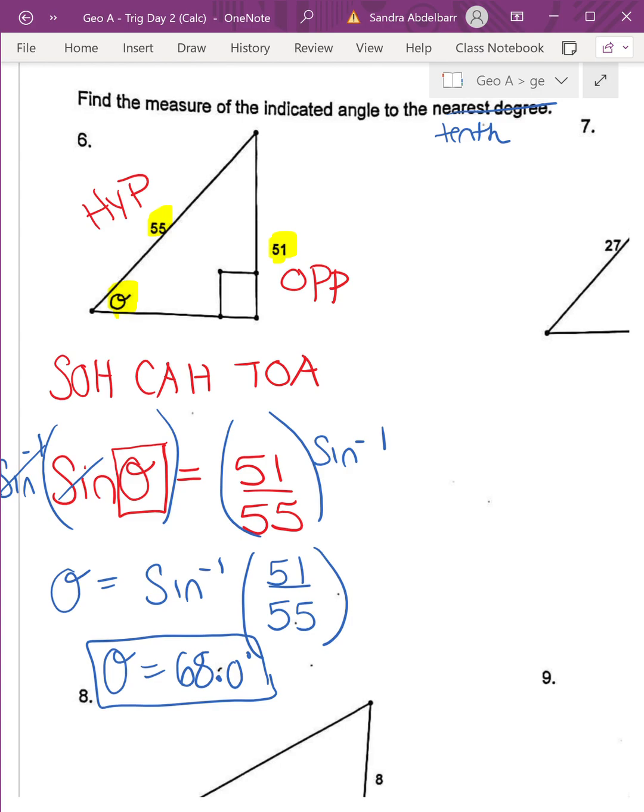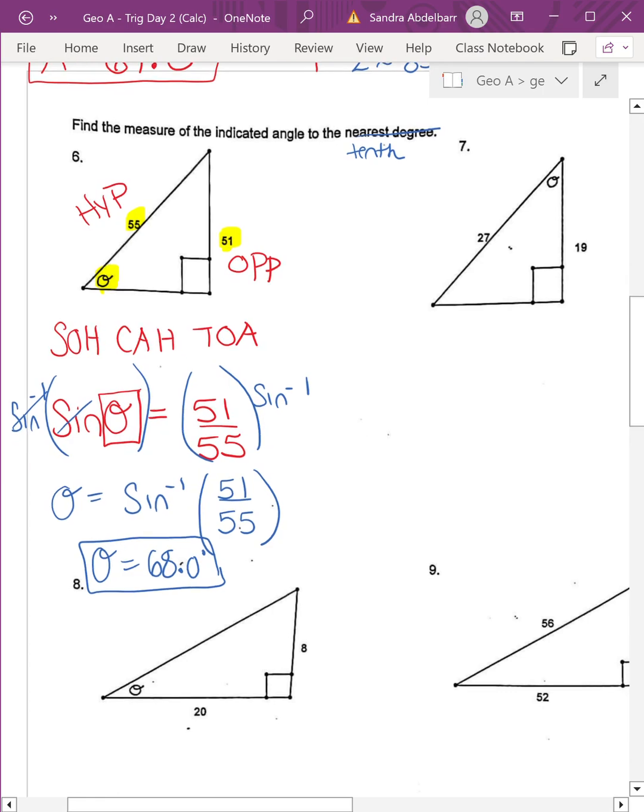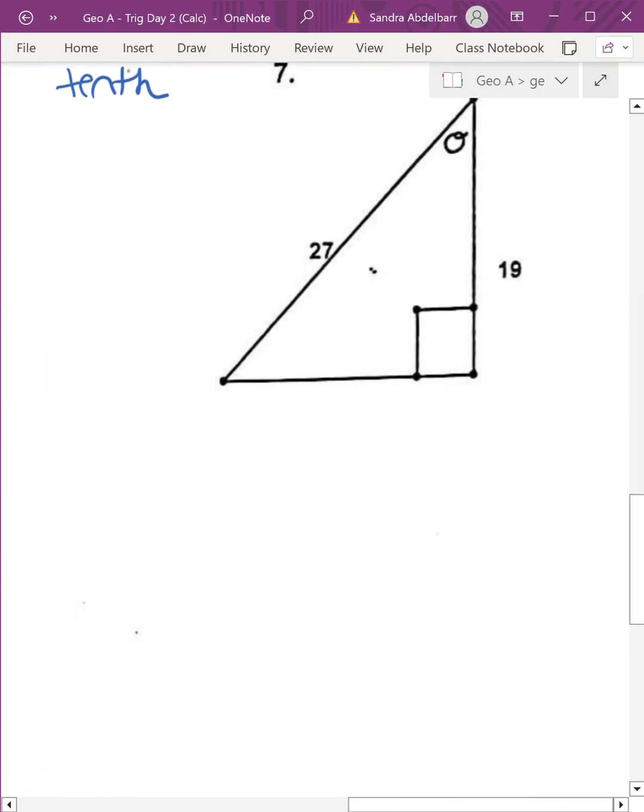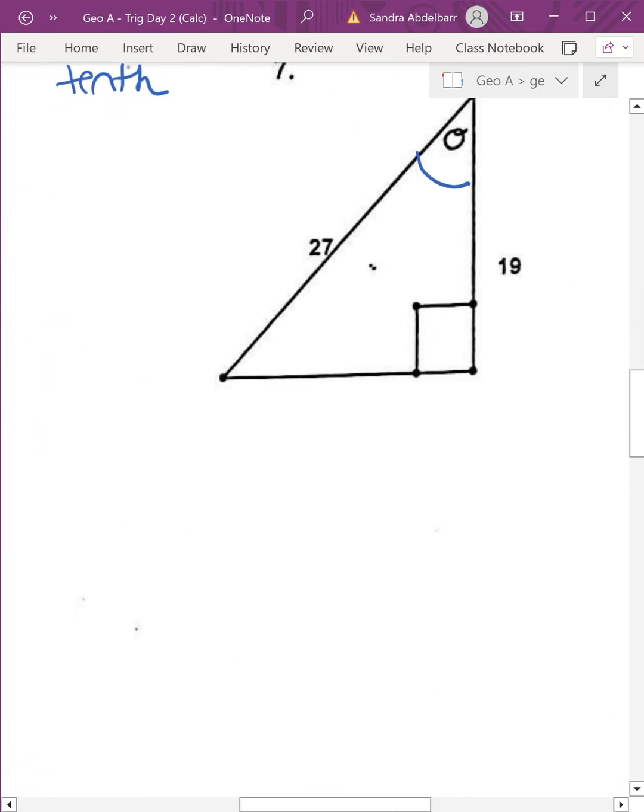Are we ready for the next one? Okay, so now theta's up here. According to theta, which types of sides are 19 and 27? Adjacent, opposite, hypotenuse? 19 is adjacent, and 27 is the hypotenuse.